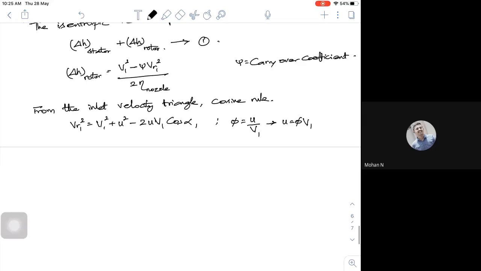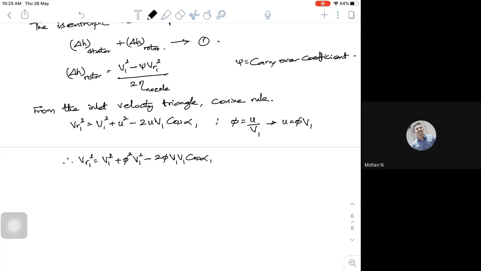So therefore, my VR1 square is equal to V1 square plus phi square into V1 square minus 2 into phi into V1 into V1 into cos alpha 1.